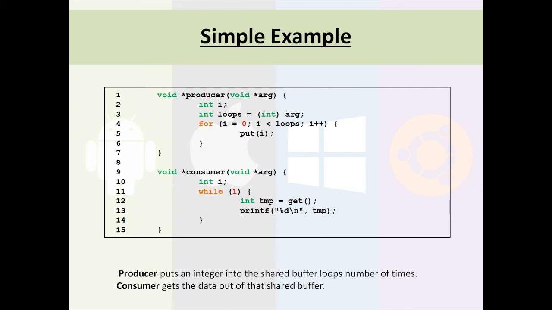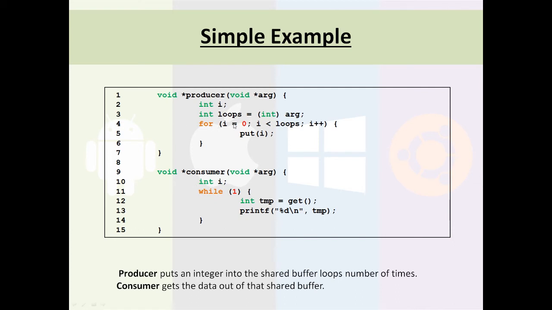So this work is going to be done by two types of threads. One of which we'll call the producer, and this is what that thread looks like here. And the other one is what we'll call the consumer thread, and that's what you can see here.